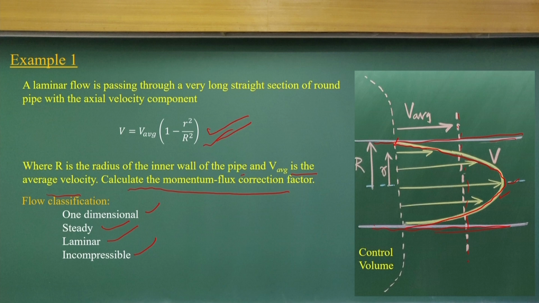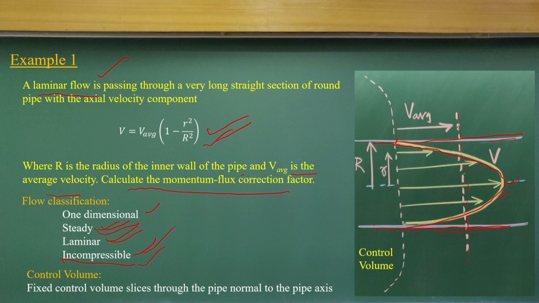In this case, it is a one dimensional flow because I know the velocity distribution. There is no time component, so it is steady flow, and the flow is laminar, as already highlighted. In this case, the pipe flow may not have a Mach number more than 0.3, so the flow can be considered as incompressible flow.